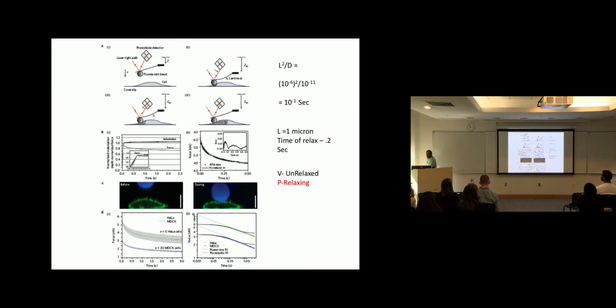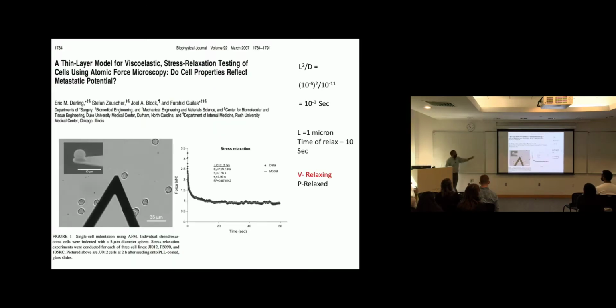But you do a similar experiment. This is work from Farsh Gilak. And here he's looking at force, same thing. Bring an AFM, go to a cell, poke the cell, and see how the force relaxes. Right away, if you look at that curve, you can clearly see something really fast is going on here.